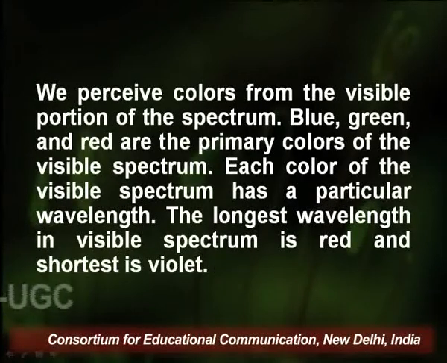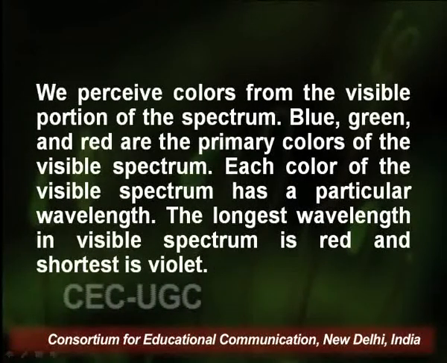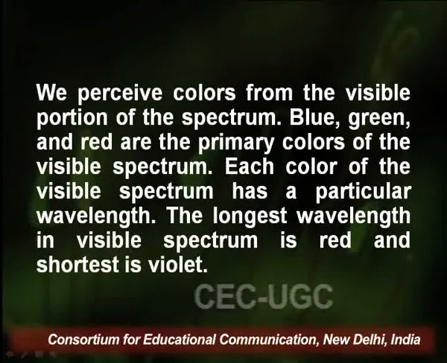Now, we perceive colors from the visible portion of the spectrum. Blue, green, red, they are the primary colors of the visible spectrum, and each color of visible spectrum has a particular wavelength. The longest wavelength in visible spectrum is red and the shortest is violet.